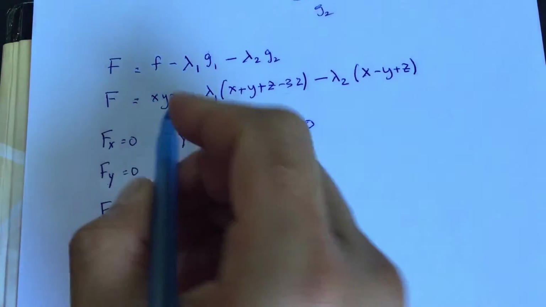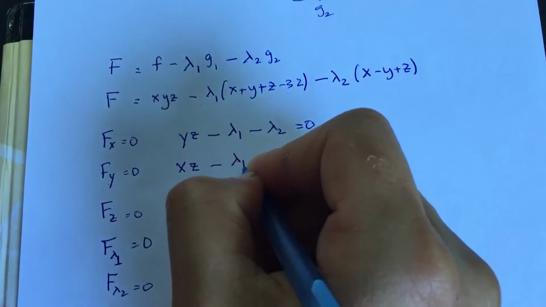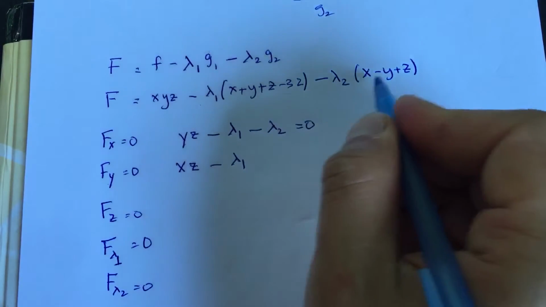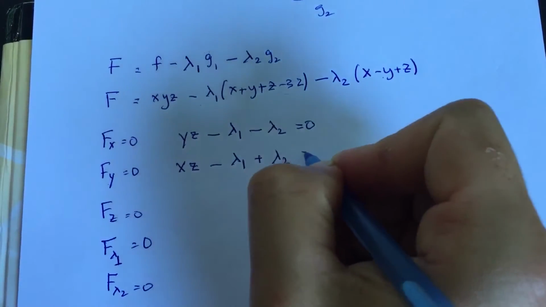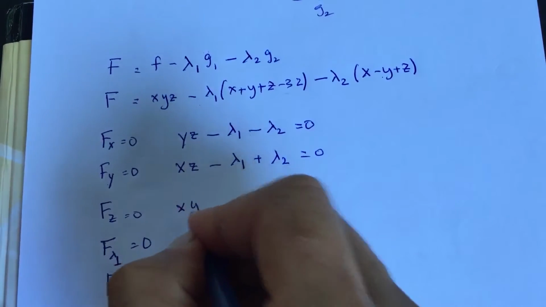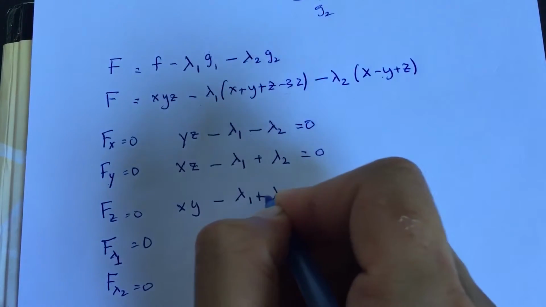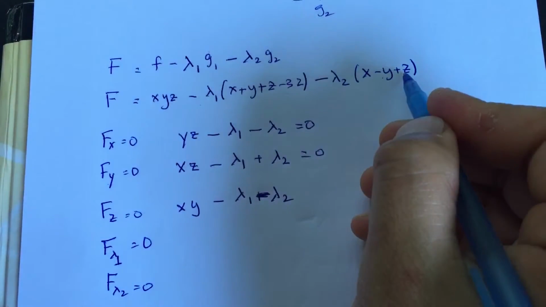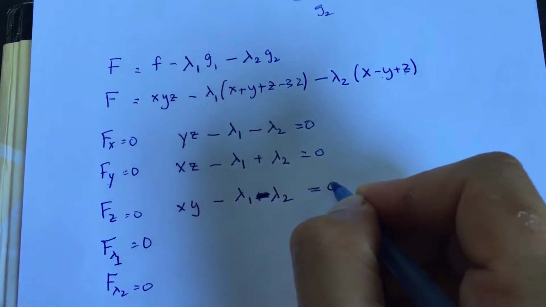F sub y is xz minus lambda 1, and the derivative with respect to y here is minus, so this is plus lambda 2 is equal to 0. F sub z is xy minus lambda 1, and the derivative of z here is 1, so this is minus lambda 2 equal to 0.